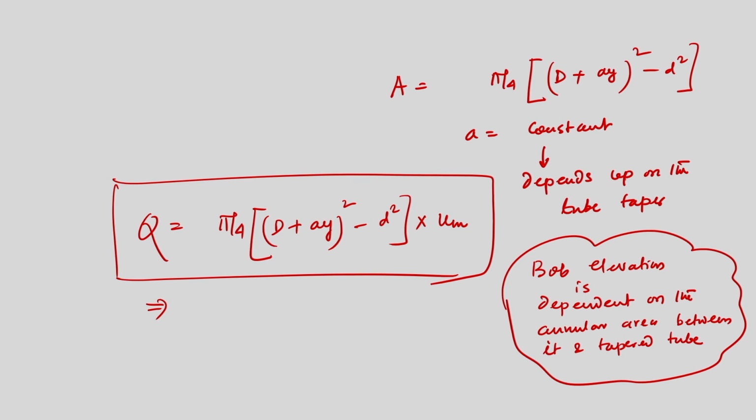Knowing the area, which we obtain from the quadratic area relation, we can calculate volume flow rate, and knowing the flow rate we can calculate mass flow rate. Very important, the measurements should not be dependent on the fluid density, and to ensure that we can calculate the relationship between the density of the bob material and the fluid density.